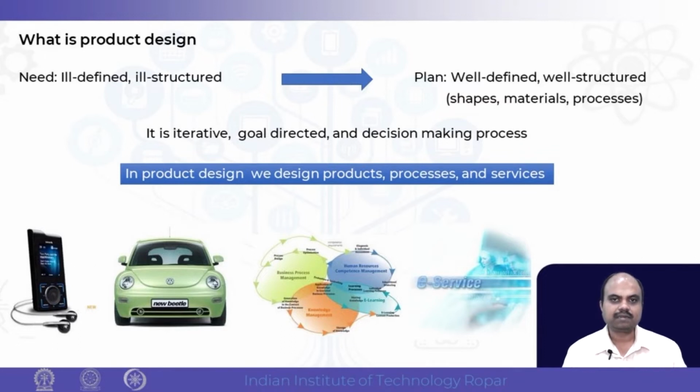What this means is, in new product development especially, the issue is that customers often know what they want, but they do not know exactly what they need. So the requirements are often ill-defined. And well-defined means it has a shape, a material and processes.